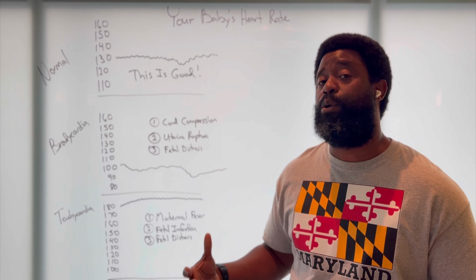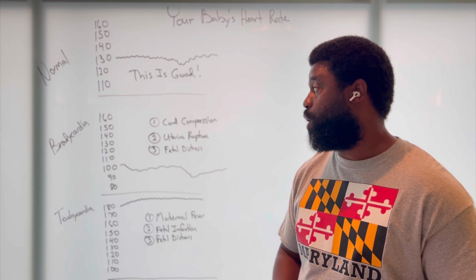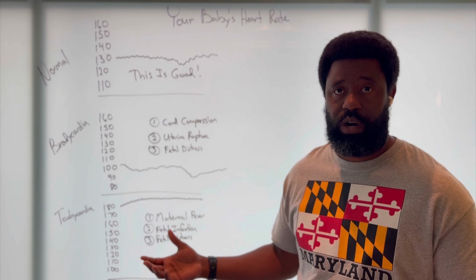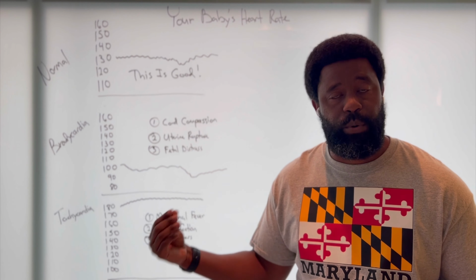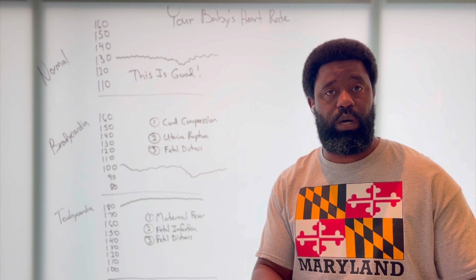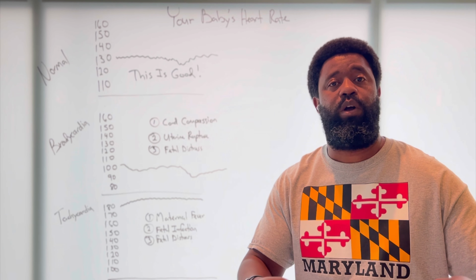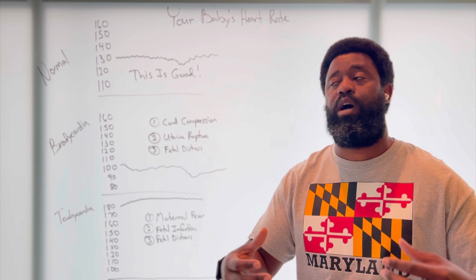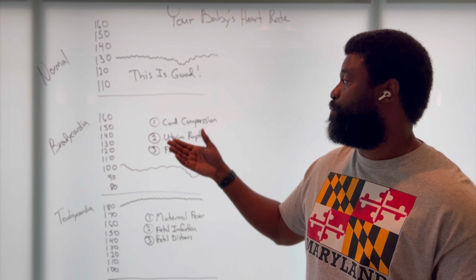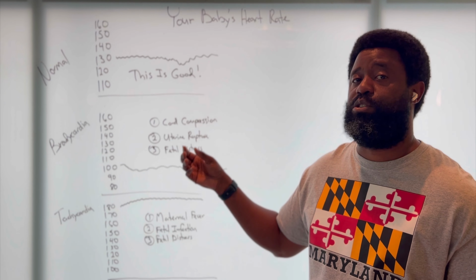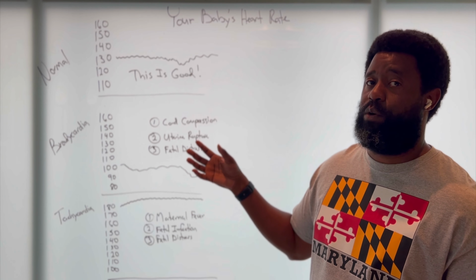There can be multiple causes of fetal bradycardia. The first one I'm going to talk about is umbilical cord compression. I've got a whole video that deals with umbilical cord compression, so go back on my page and look for the contraction video dealing with cord compression, which goes into more depth on that.